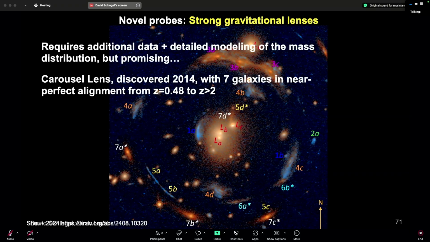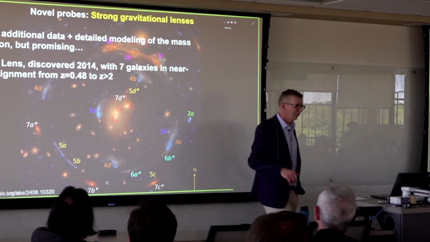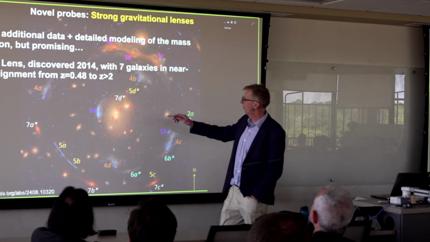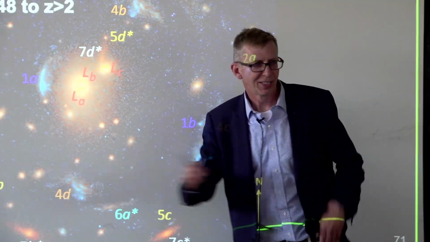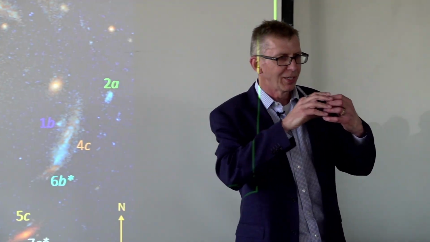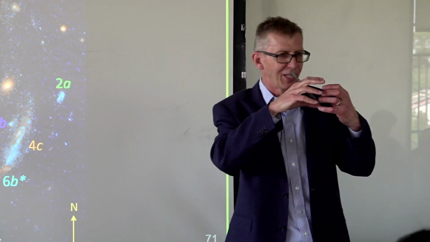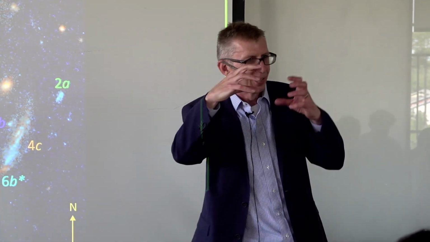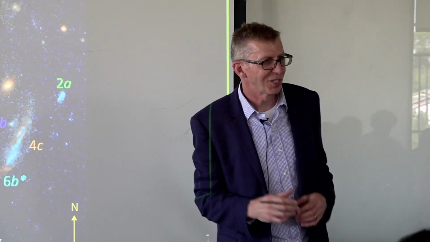I'm just going to show you 3 of these events published in the last year. This is something called the carousel lens, a near perfect alignment of galaxies at 7 different redshifts, all gravitationally lensing each other.